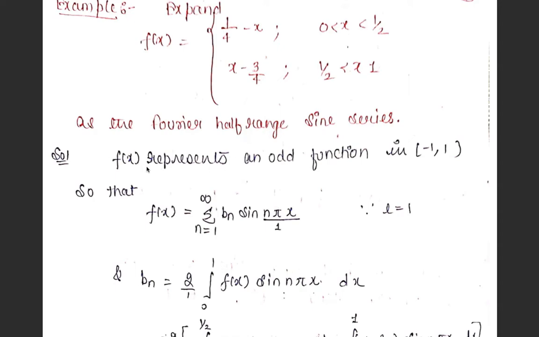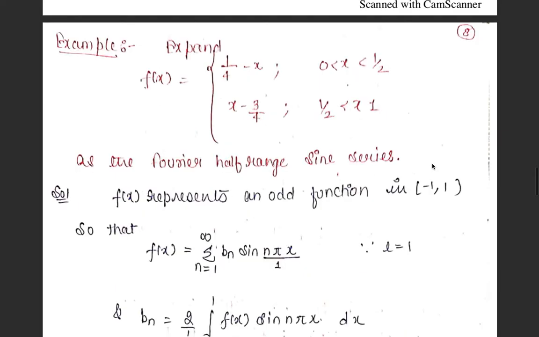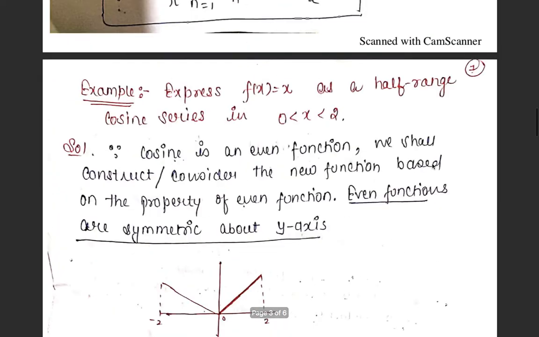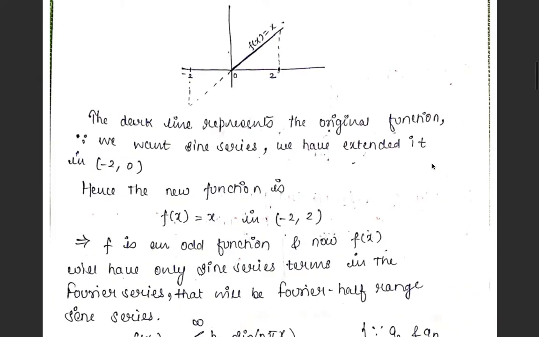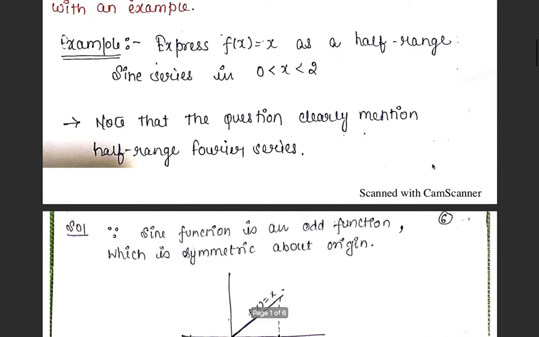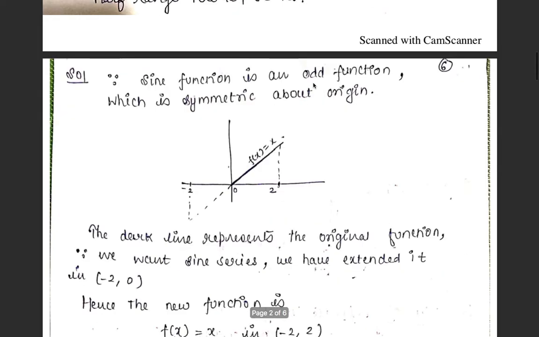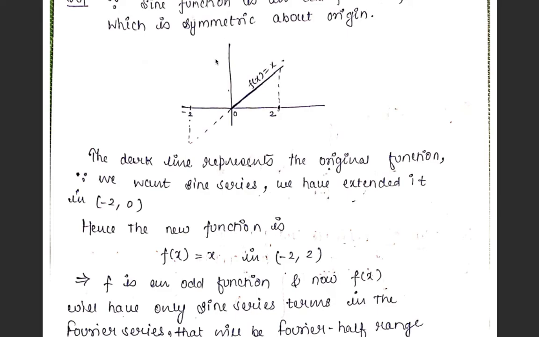So now we are writing f of x as an odd function in the interval -1 to 1. As you can see in the last example, the question was to expand this in the interval 0 to 2. Since we wanted a half range sine series, we extended the interval from -2 to 2.